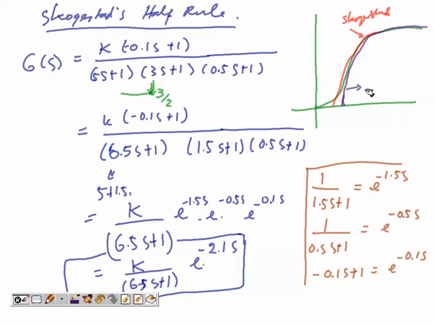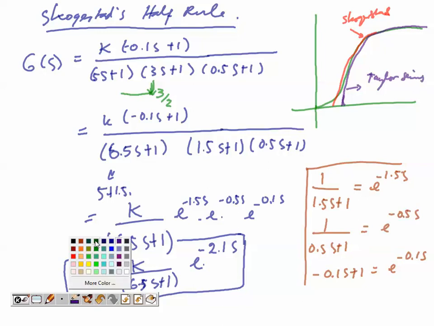The purple one uses Taylor series, and the pink one is the original transfer function. So we can see that Skogestad is more accurate than the Taylor series expansion method.